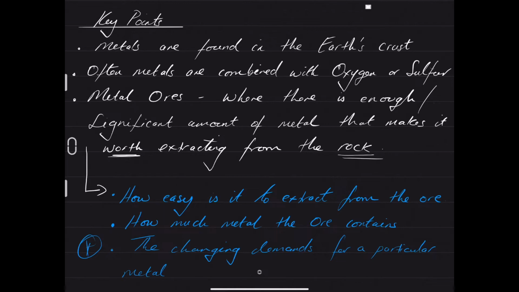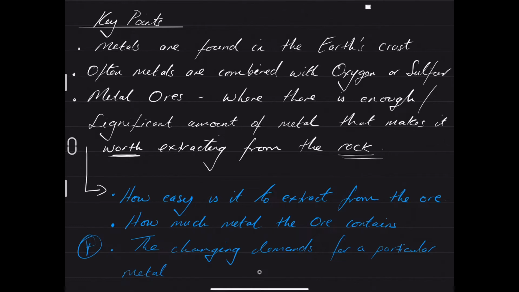Because lithium, we use it in batteries now, and it's a high demand element because of its use in batteries and now electronic products. But 200, 300 years ago, if you were to look at the demand for this type of metal, lithium, it would not have been high. So this is an example of the changing demands for a particular metal.